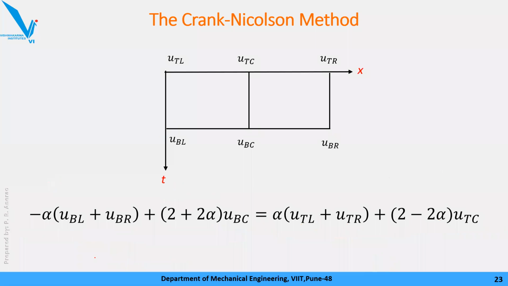Now somehow you need to remember this formula. So I request all of you to take a screenshot of this slide. Keep it handy with you. Whenever you solve a numerical of a parabolic partial differential equation using the Crank-Nicolson method, keep it ready with you.